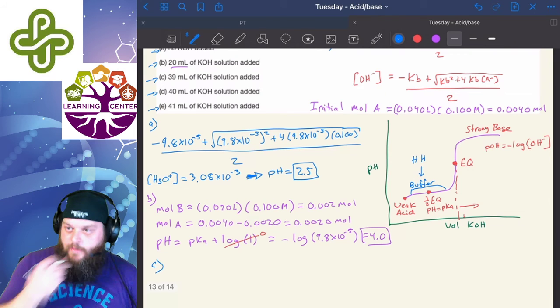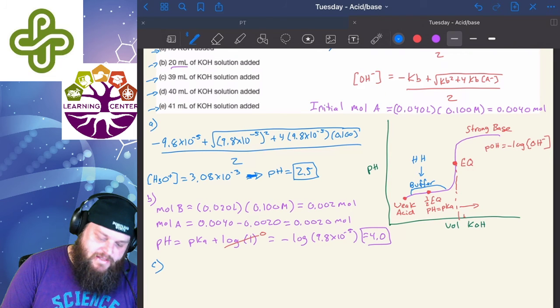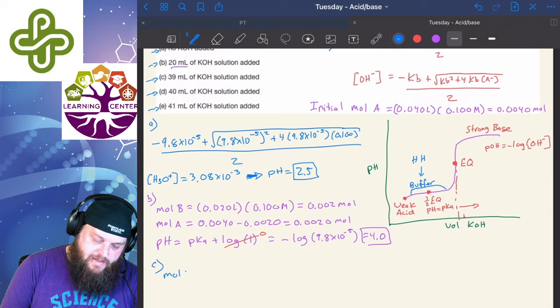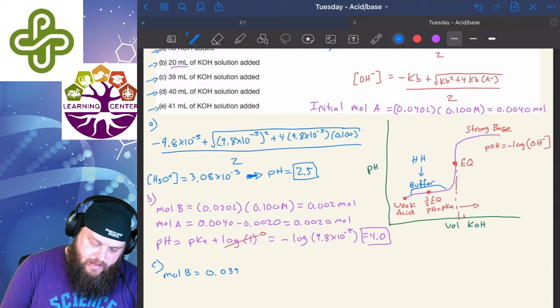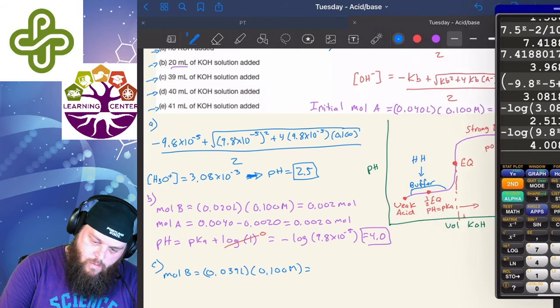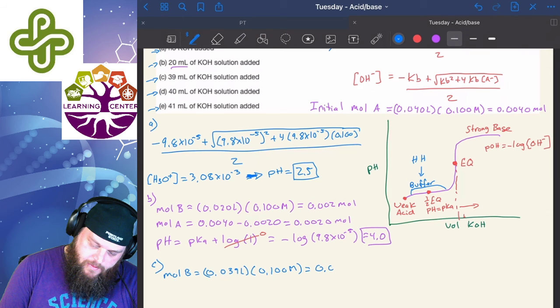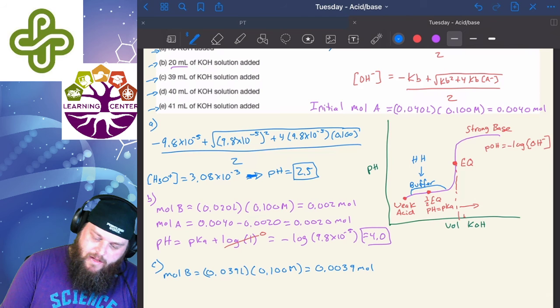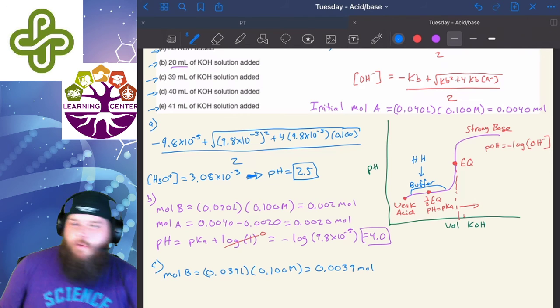It's almost not a buffer anymore, but we can see that the moles of base are going to equal 0.039 liters of 0.100 molar, which is equal to 0.0039 mole. And we started out with 0.0040 mole.